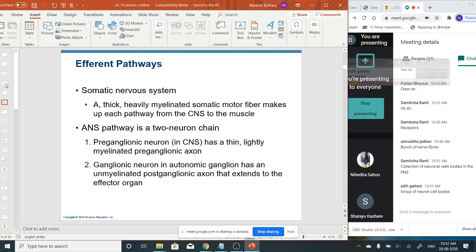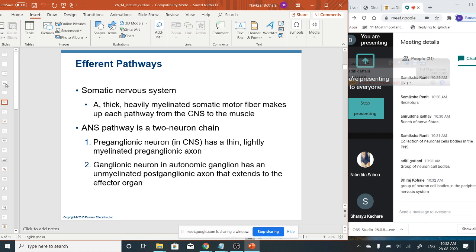Anyway, you mix your answers together and then it will be correct. It is a group of neuron cell bodies in the peripheral nervous system, simply called a ganglion, whatsoever, a group of cell bodies which are present outside the CNS.